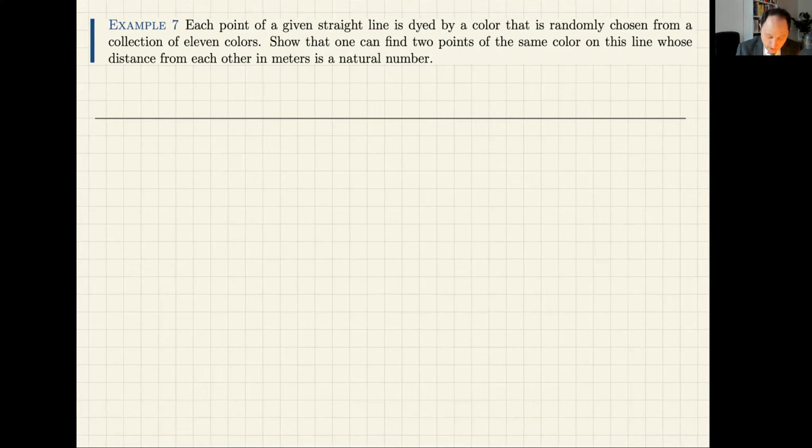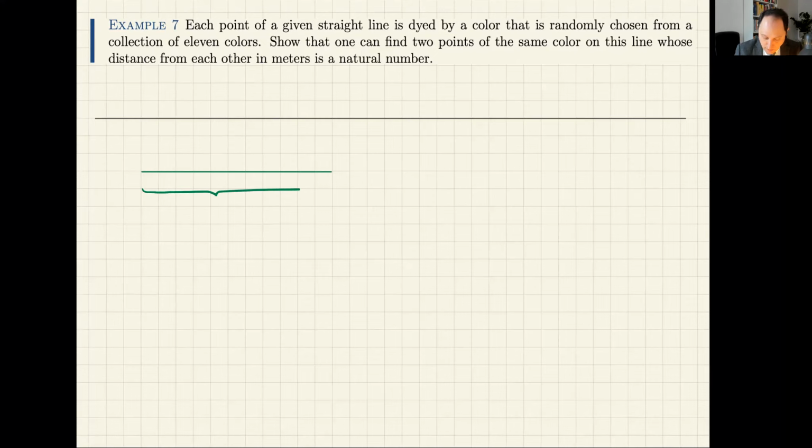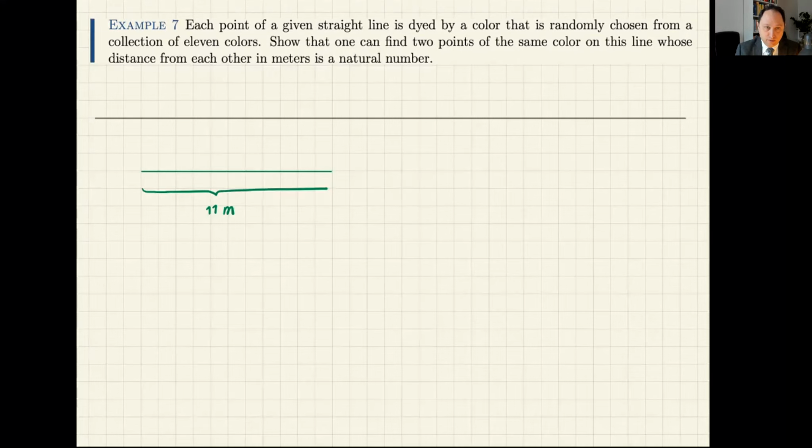This is the way that I imagined it myself. Let me draw every one grid. I will take it as 1 meter: 1, 2, 3, 4, 5, 6, 7, 8, 9, 10, and 11. So assume that I have a stick of 11 meters. This is the way that I imagine it in my head.